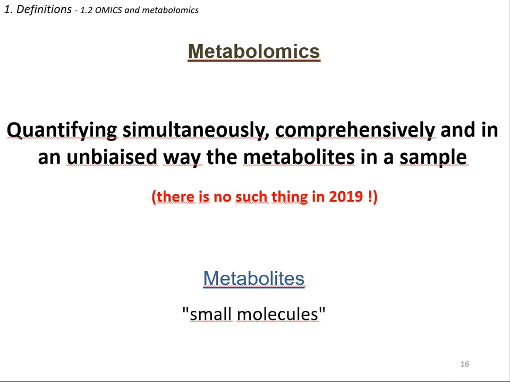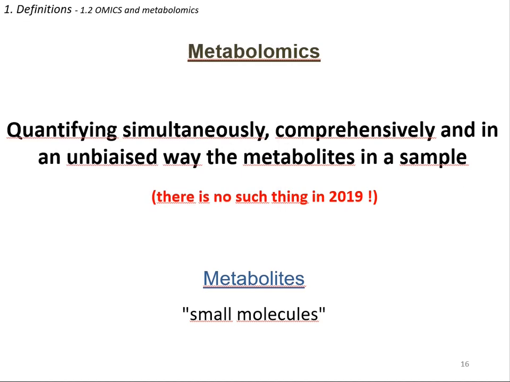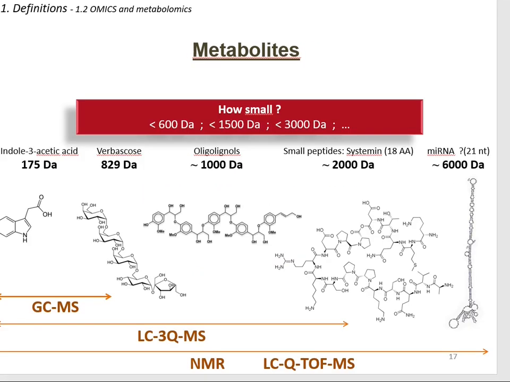Well, we saw the definition of metabolites. Well, these are small molecules occurring in metabolism, participating in metabolism. The simplest way to define metabolites is to say these are small molecules. So what does it mean, small molecules? How small? Well, in general, it depends on the type of machinery and techniques used to analyze them.